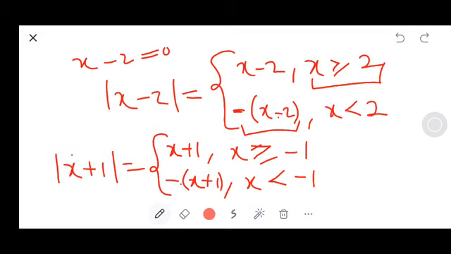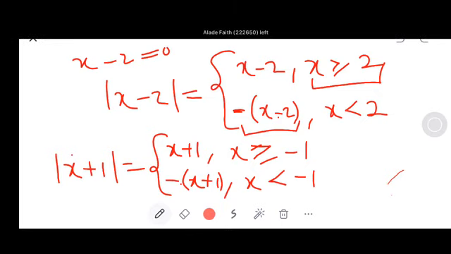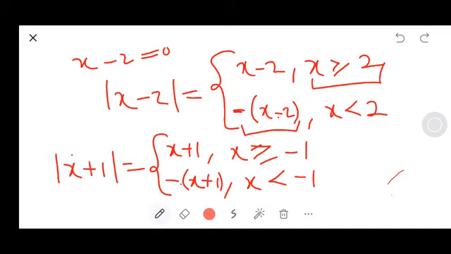Okay, let me explain it again. Maybe you're not getting what I said. The absolute value of x plus 1 can have two values: positive x plus 1 and negative x plus 1. It is going to be positive x plus 1 when x is greater than or equal to minus 1.